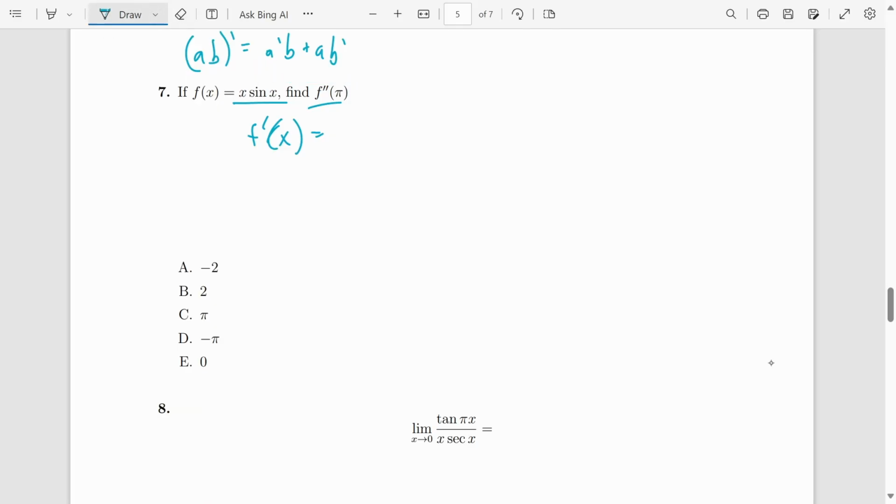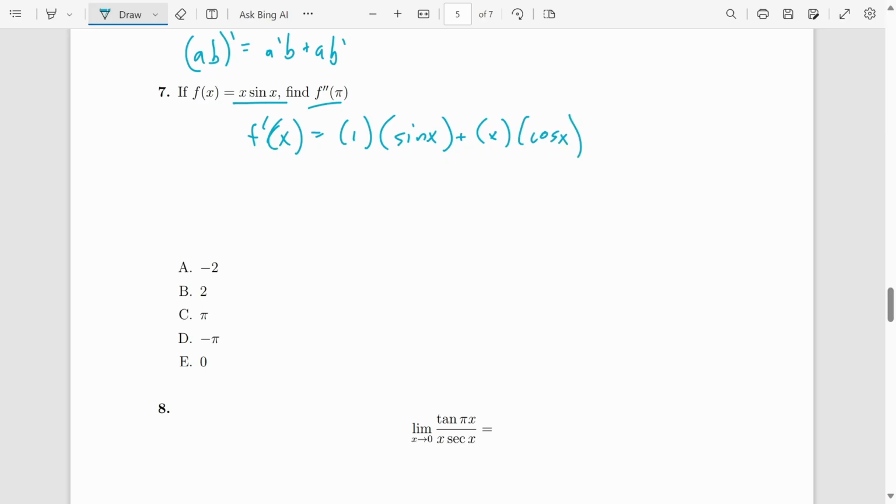So doing that, we get a prime, which is the derivative of x, that is just 1, times b, which is sine of x, plus a, which is x, times b prime, so the derivative of sine of x is cosine of x.